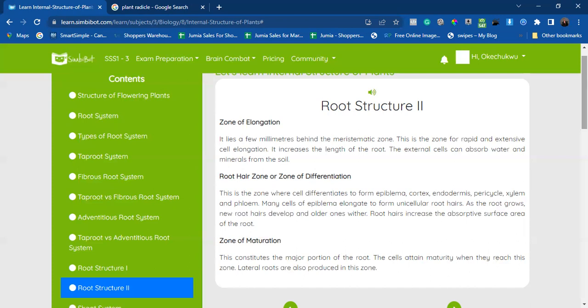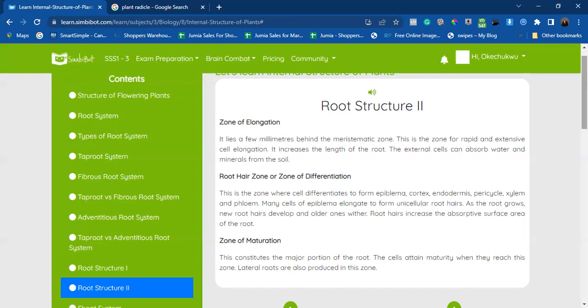After the elongation zone, we have the root hair zone, or differentiation zone. Okay, hope you are following. And then after the differentiation zone, we have the maturation zone.